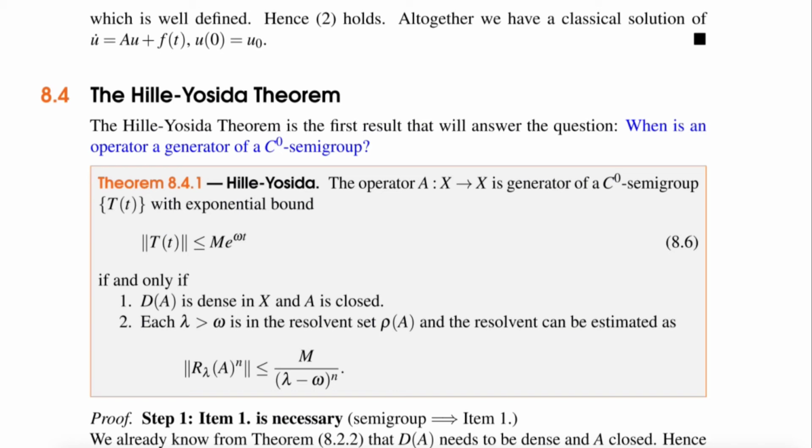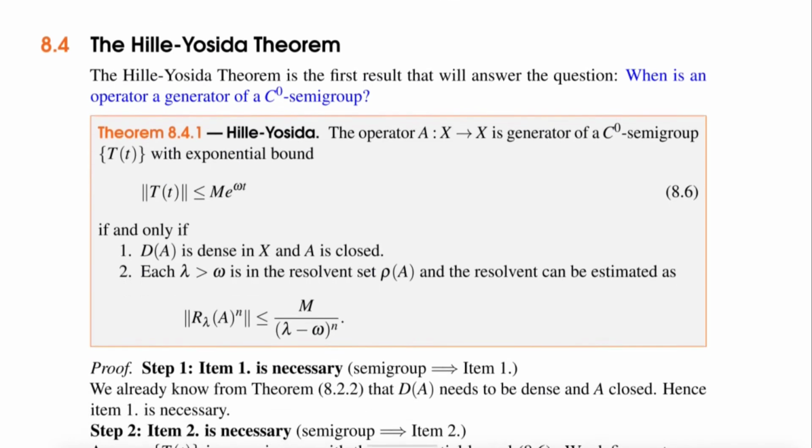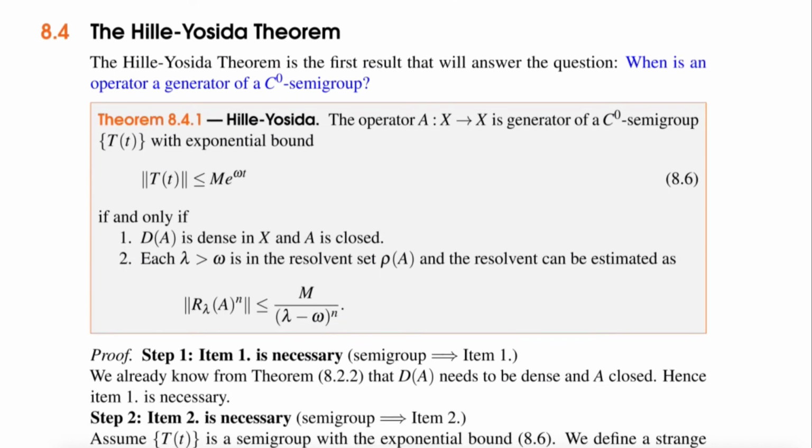And for each lambda which is real and larger than omega, it is in the resolvent set, and the resolvent R(lambda, A) to the n can be estimated by M divided by (lambda minus omega) to the n. So it's a norm estimate for the resolvent, which depends on the distance of lambda to the growth bound omega.